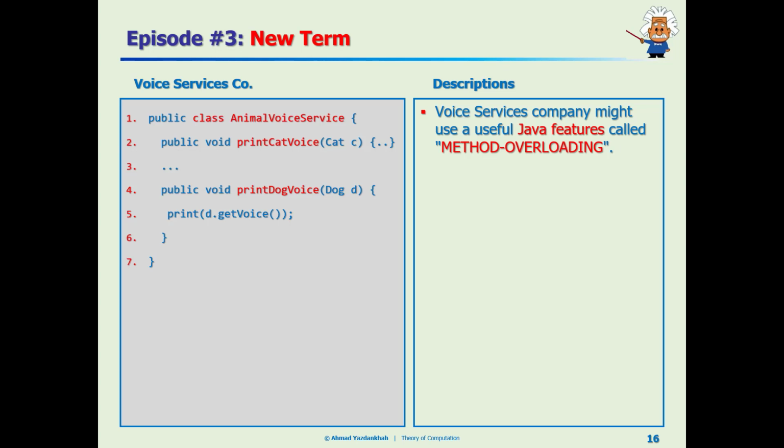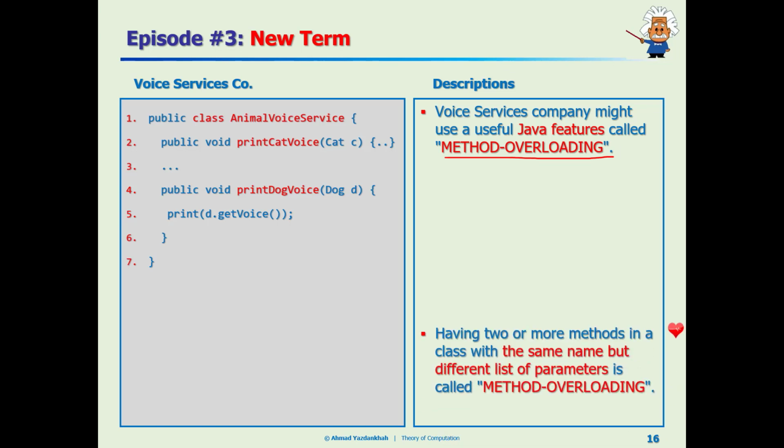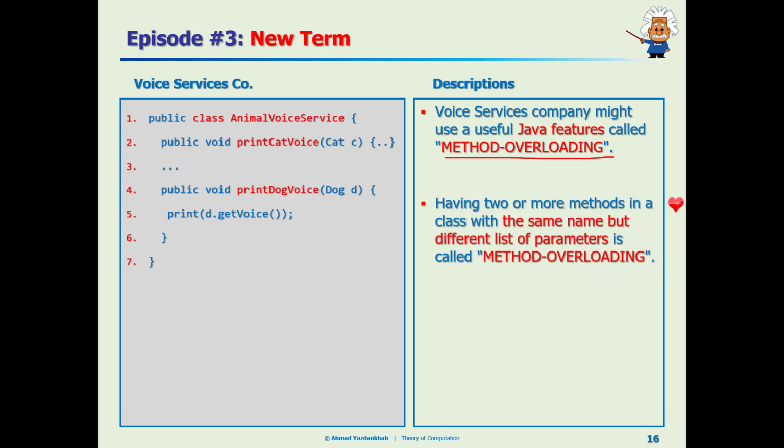Maybe some of you guys are familiar. So method overloading. This is a very nice Java feature that we call method overloading, and here is what we can do. We can have the same name of the methods in one class, but different lists of parameters, right?